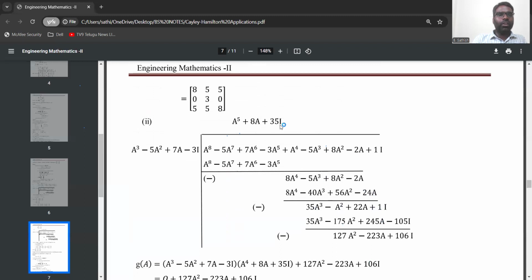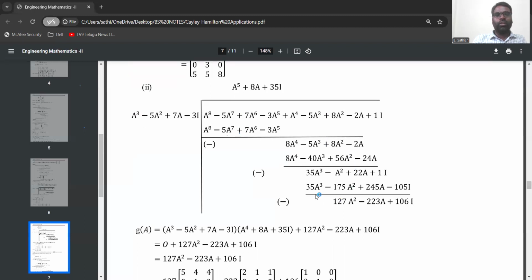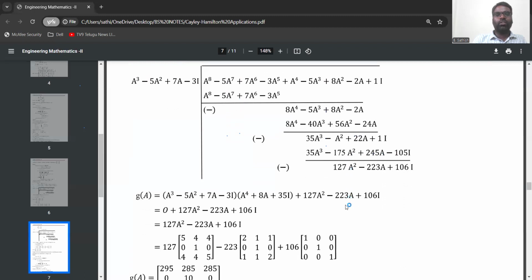Choosing 35i in the quotient and multiplying with the obtained equation, we get 35a cube minus 175a square plus 245a minus 105i. After simplification, we get 127a square minus 223a plus 106i.